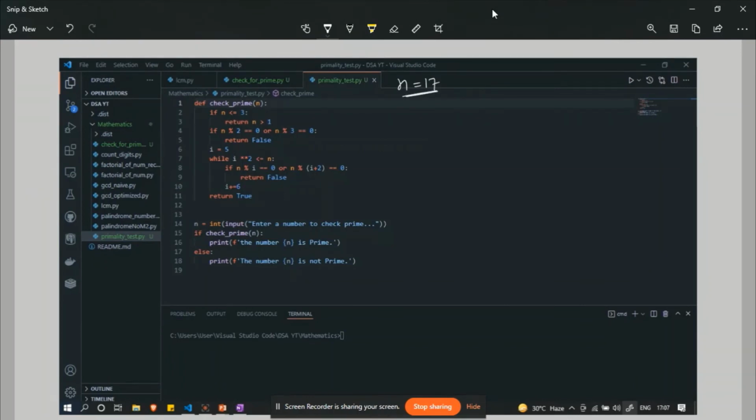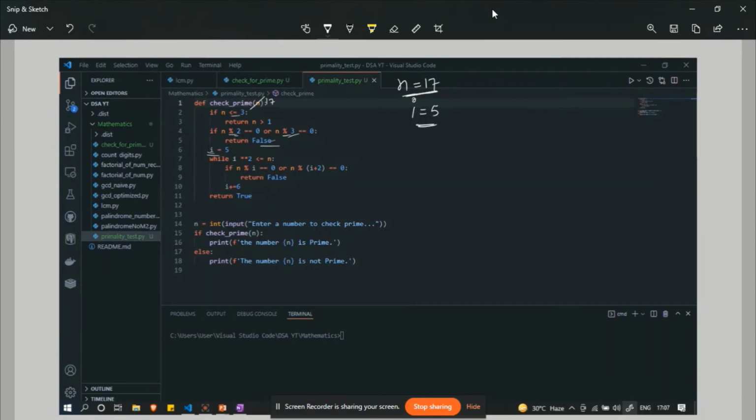Now if n is 17, the first condition is useless. The second condition: it is not divisible by 2, it is not divisible by 3, so false. Now we have i, so i is equal to 5.